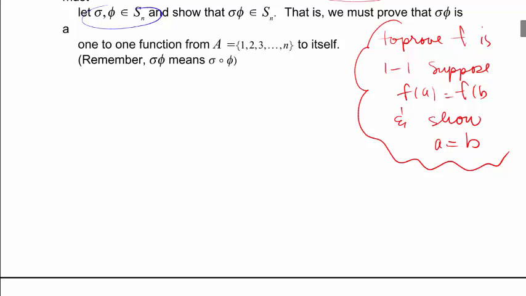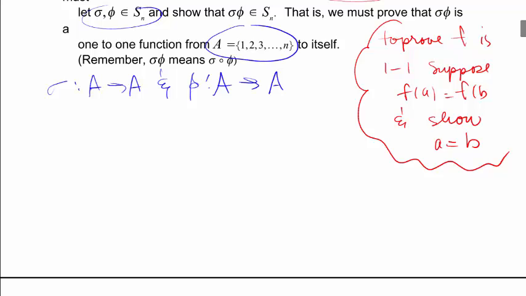So they are each one-to-one mappings. Sigma maps A to A, and phi maps A to A, where A is this set here, and sigma and phi are both one-to-one.